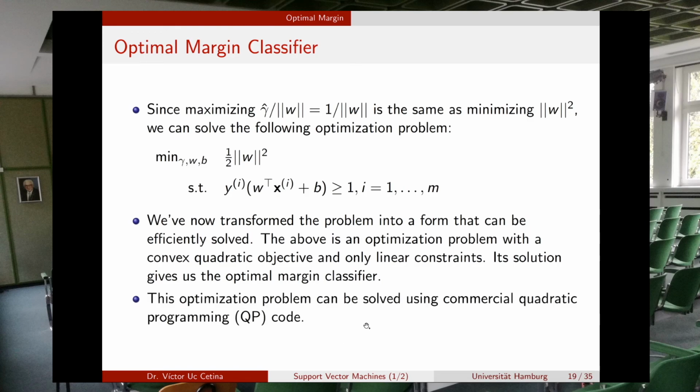Since this is a quadratic optimization problem, it can be solved using commercial quadratic programming software. Okay. However, we are going to see next how we can solve it ourselves using our own algorithm, which is going to be an optimal algorithm.